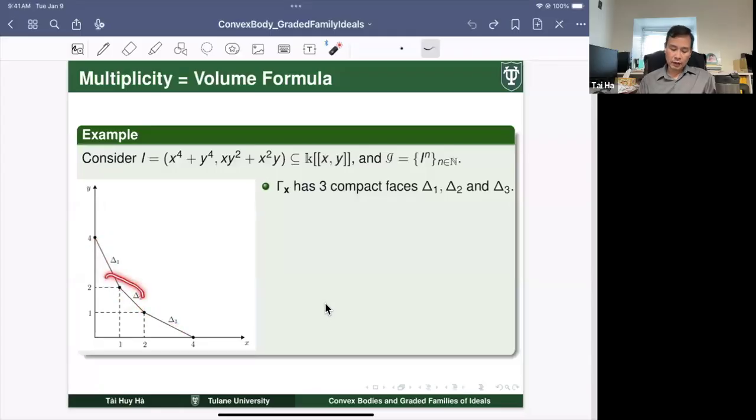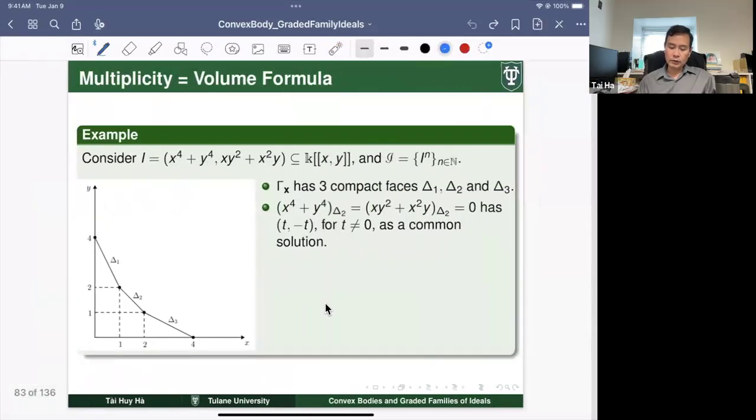And if you focus on the second compact face, there are two, and we look at the restriction of these generators of the ideal to this compact face. Now x to the fourth is here, y to the fourth is here. So when you restrict to this compact face, you basically get 0. And similarly for this one, if you restrict to this compact face, you also get, no, actually, let me see.